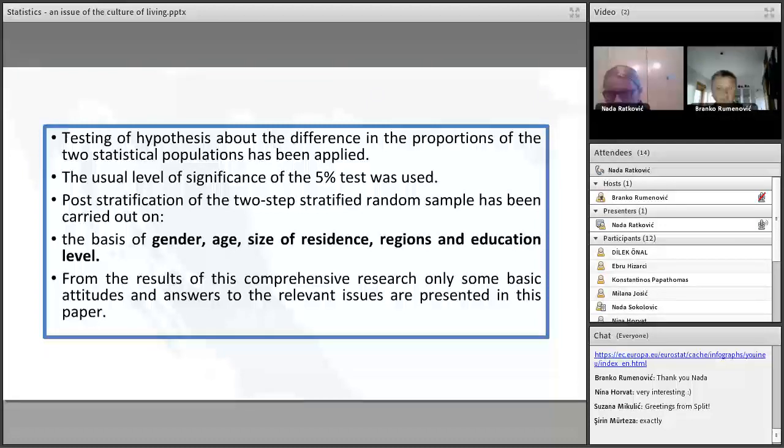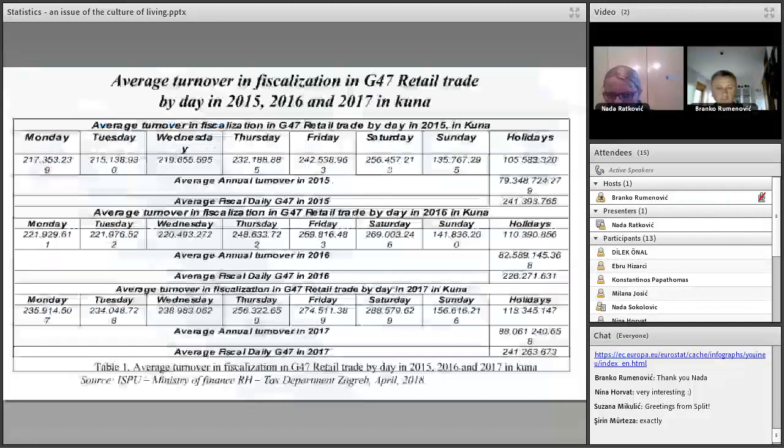A 5% level of significance was used. Post-stratification of the two-step stratified random sample has been carried out on the basis of gender, age, size of residence, regions, and education level.